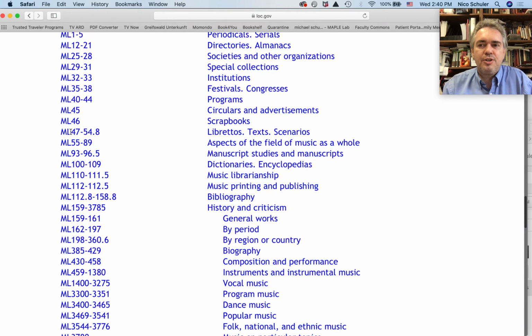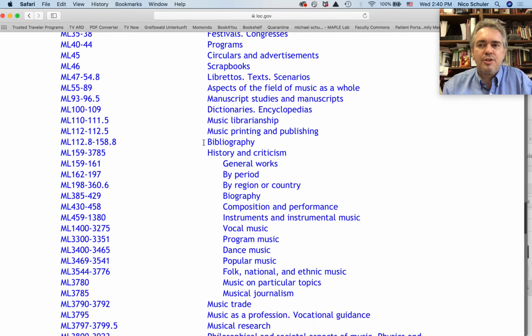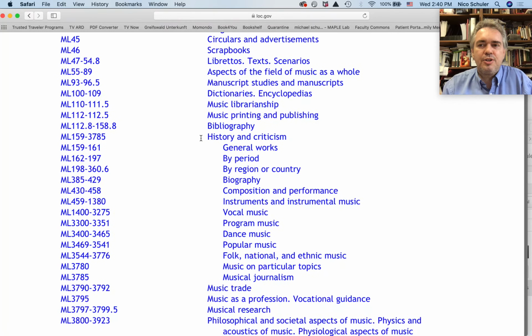Librettos, if you're ever looking for a libretto, it must be between ML 47 and ML 54. History of music is somewhere between ML 159 and ML 3785.